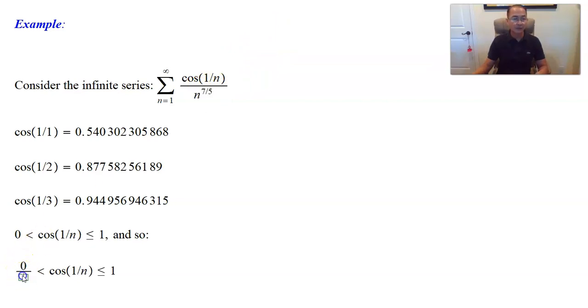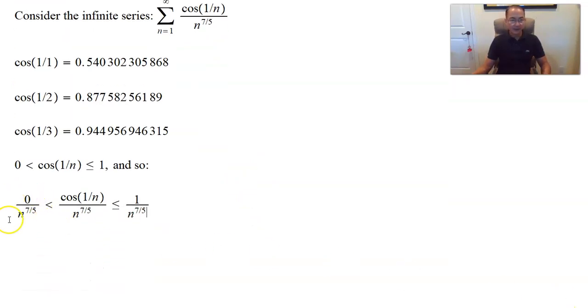So 0 over n to the 7/5, which is of course just 0, it's kind of silly, is less than cosine 1 over n to the 7/5, and less than 1 over n to the 7/5. Okay? So of course the left term simply says that 0 is less than the terms of our series, which is less than 1 over n to the 7/5.